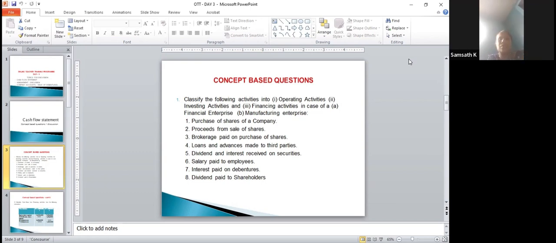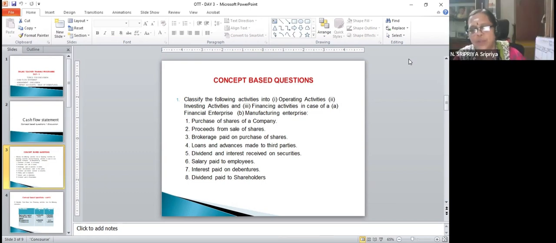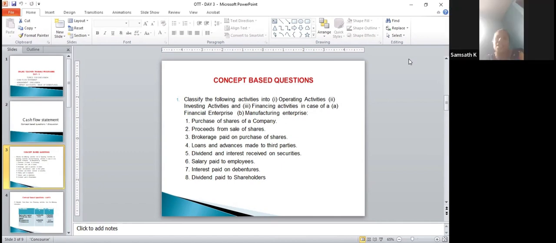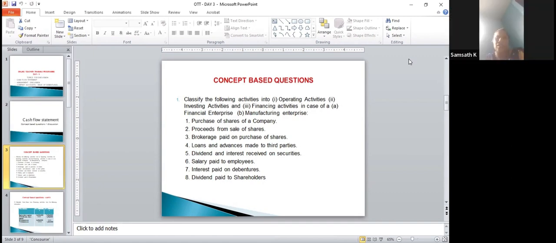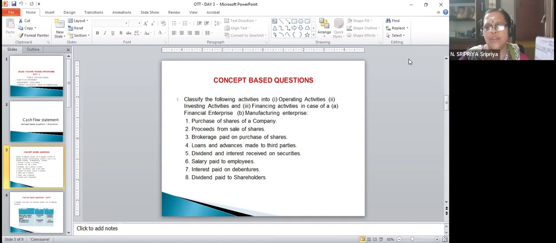For a financial enterprise, it is operating activity only, because they are lending some money for which they are receiving interest. Salary paid to employees is also operating activity, irrespective of the enterprise, whether it is a manufacturing enterprise or any other. It is a part of operating activity only.